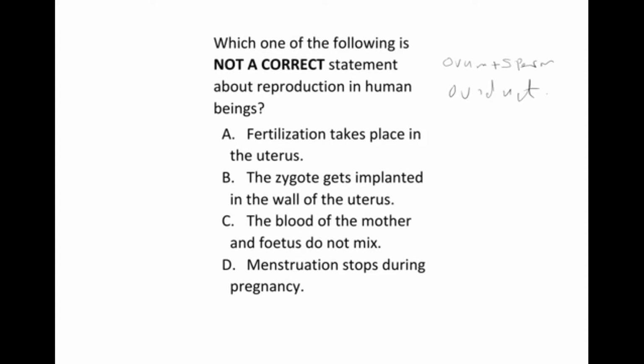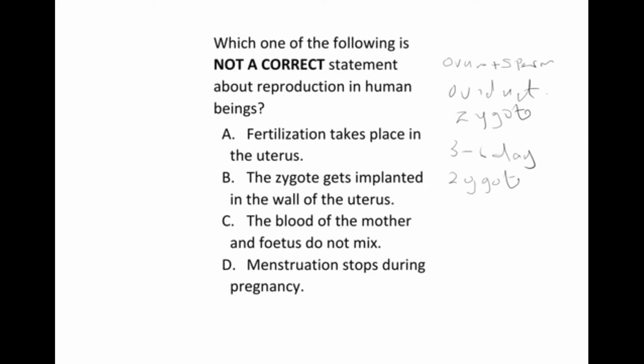Immediately after fertilization, a living organism called zygote is formed in the fallopian tube. It takes around 3 to 6 days for the zygote to travel from the fallopian tube to the upper part of the uterus.